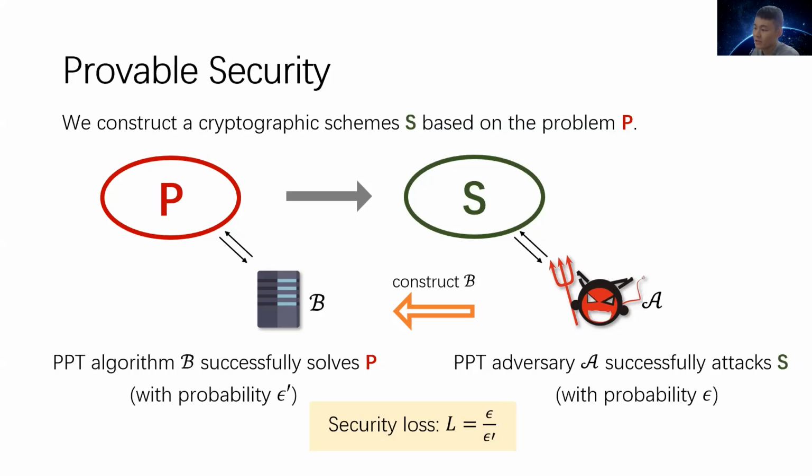Since we assume that P is hard, namely, there is no efficient algorithm to solve it, such an adversary A does not exist. Here, B and A have roughly the same running time, and we define epsilon over epsilon prime as the security loss in the reduction.